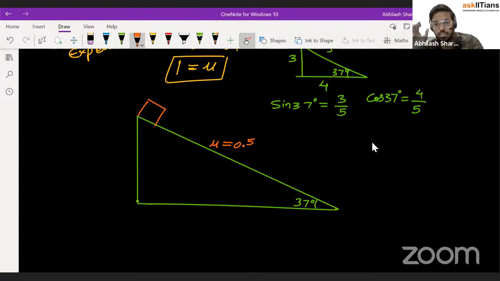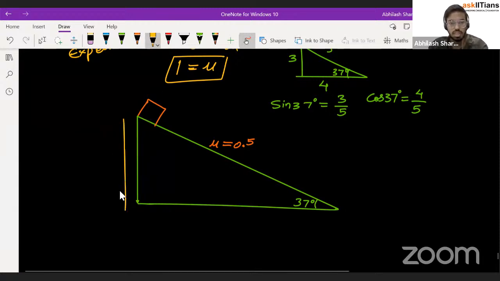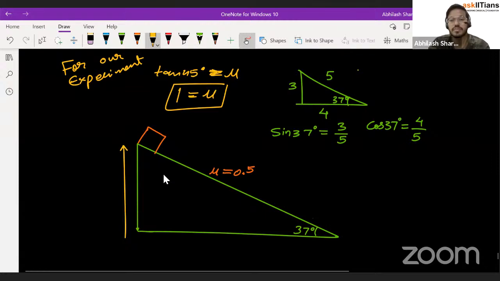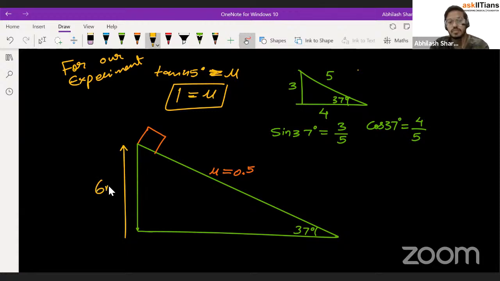So, all right, so far it is clear. Mu is given as 0.5. The block is there, and the block is going to slide down. We are being told that the height of this inclined plane is, let me check, 6 meters.